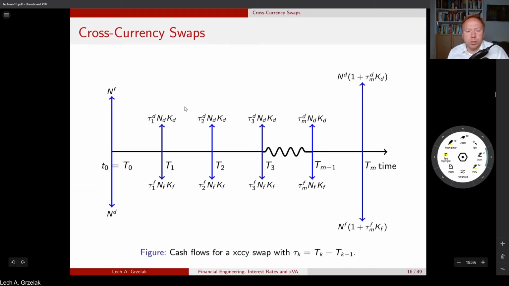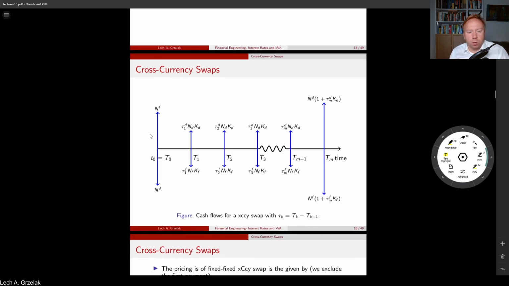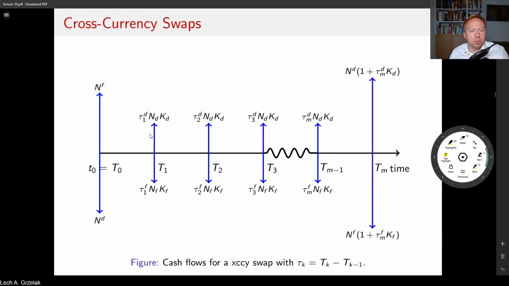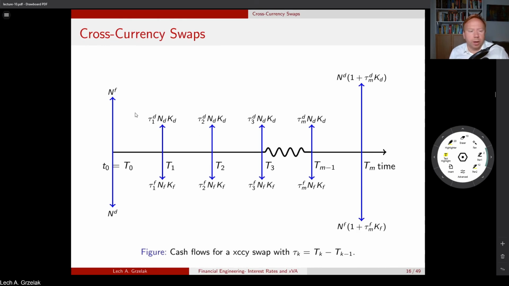This is an illustration of those cash flows. Here I have presented a very simple fixed for fixed swap, where we receive fixed flows and pay fixed flows in the corresponding currencies. So how does it look? At the inception, we receive the notional in the foreign currency and exchange with the counterparty a notional in domestic currency.